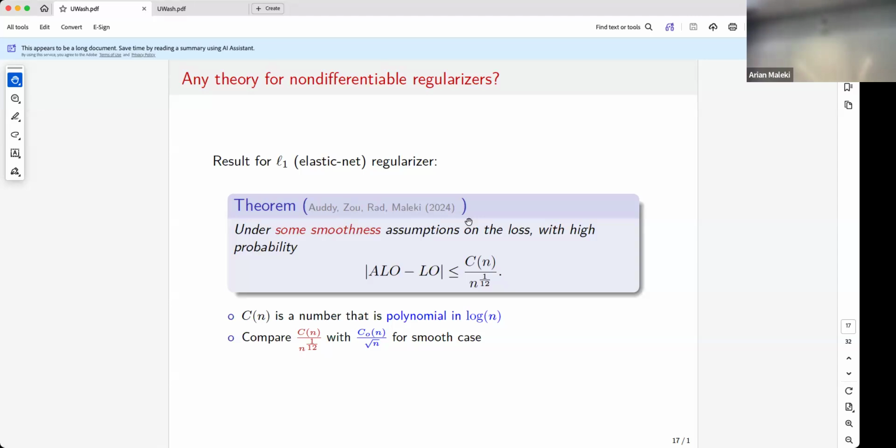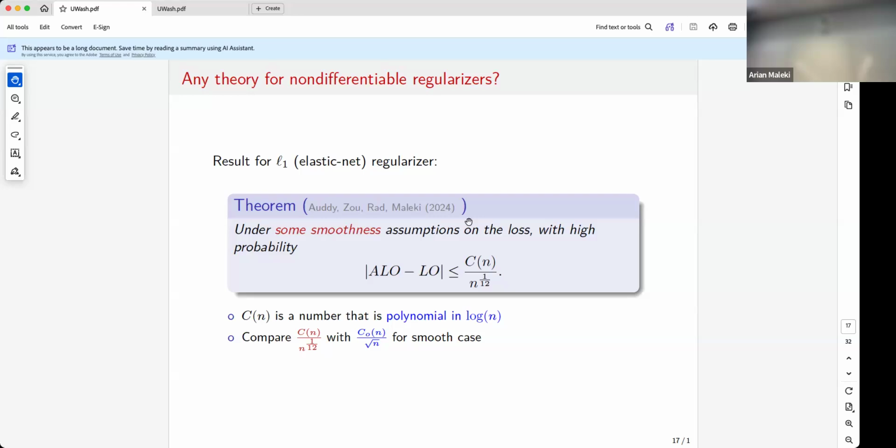What we could show is that the difference between ALO and leave one out is now some logarithmic factor over n to the power of 1/12. Again, in the smooth case we had 1/√n, which was kind of the optimal rate we should shoot for. And here it's much worse than that.